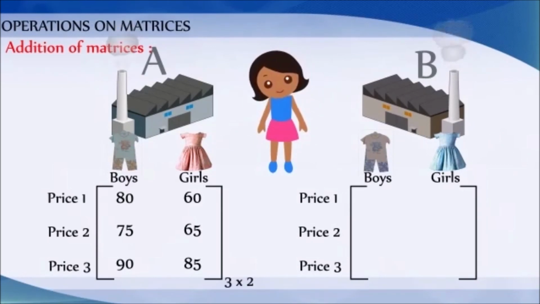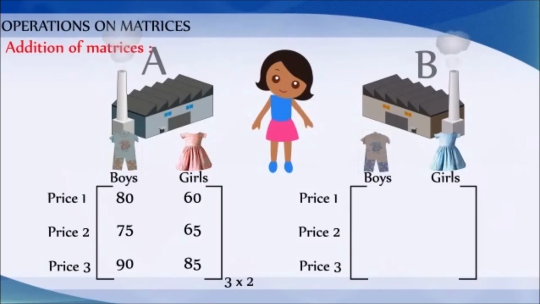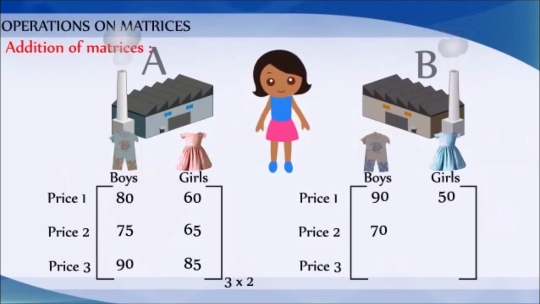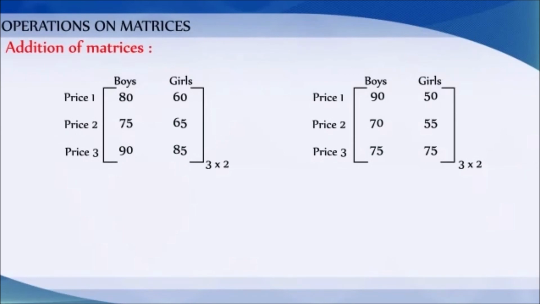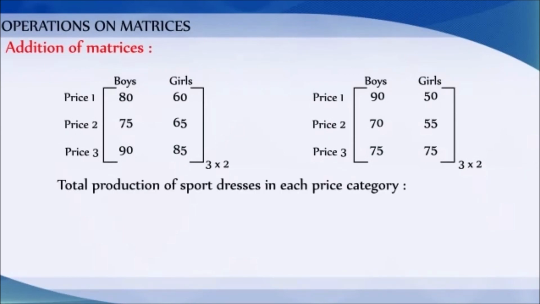Now, the matrix representing the production details of the factory at B is 90, 50, 70, 55, 75, 75, and this matrix is also of order 3 by 2. Suppose Samina wants to know the total production of sport dresses in each price category.